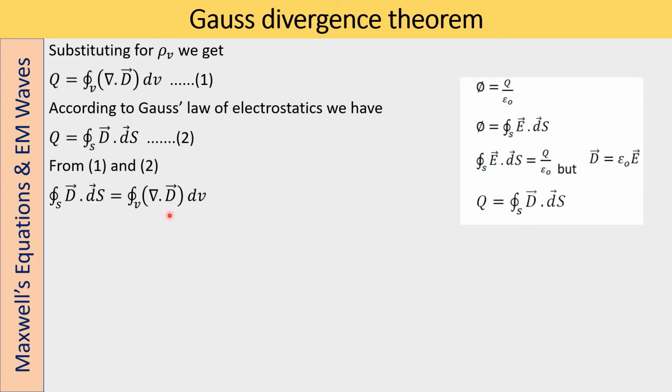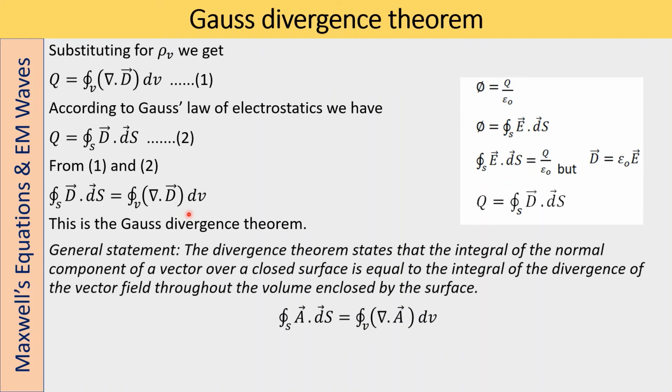Now from equations 1 and 2, the surface integral of D dot ds is equal to the volume integral of divergence of D into dv. So this is the Gauss divergence theorem. The general statement of the Gauss divergence theorem is that the integral of the normal component of a vector over a closed surface is equal to the integral of the divergence of the vector field throughout the volume enclosed by the surface.